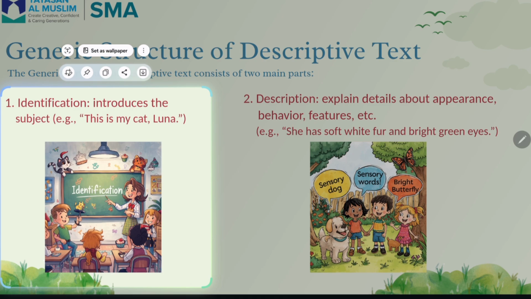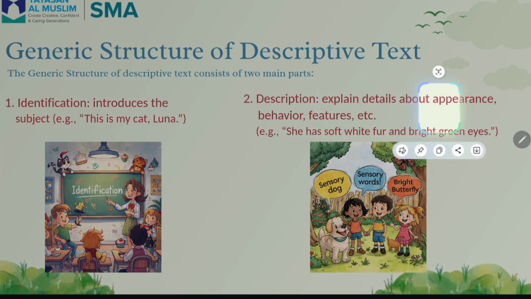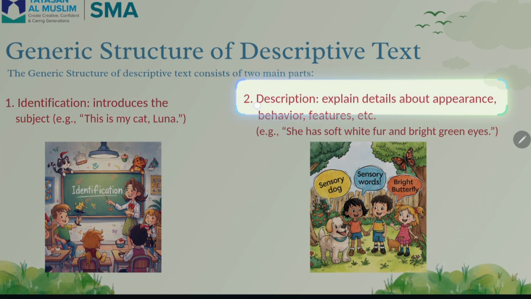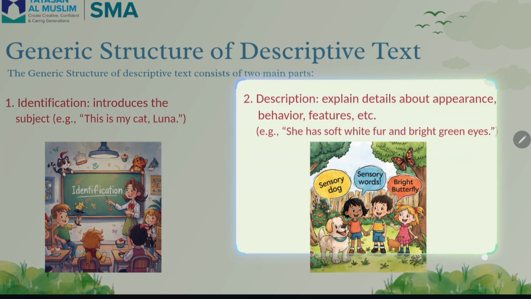Usually the identification in the descriptive text is in the first paragraph. So we can identify the first paragraph as the identification, and then the second part is description itself.